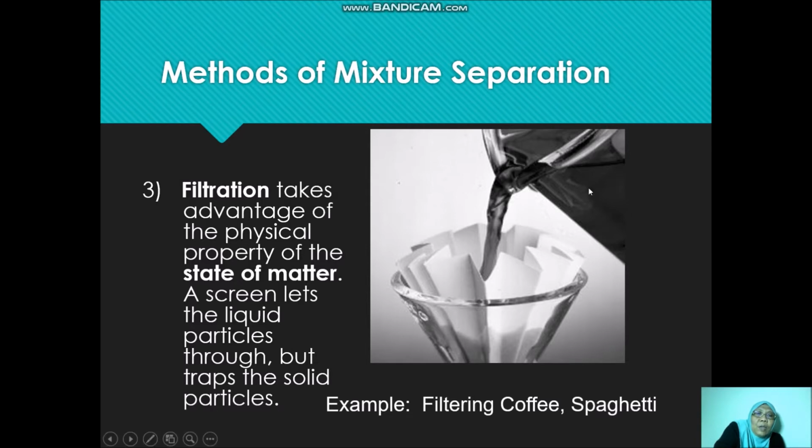The first is liquid, and the other is the sediment. Sediment is a kind of solid substance living below, at the bottom. So in this case, by using filter paper, you can separate the liquid and the solid. In daily life, people use it in filtering coffee and spaghetti.